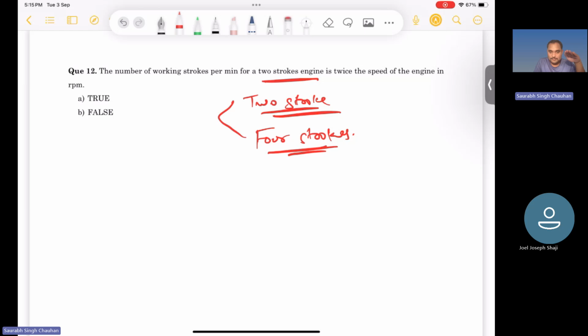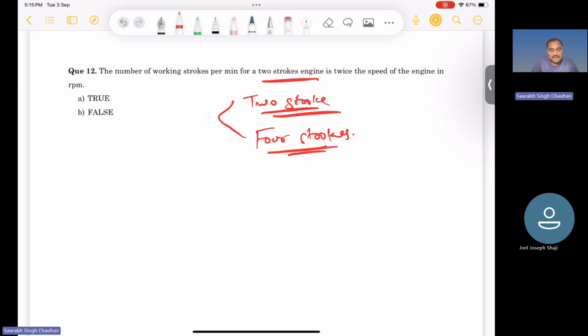For example, if the piston moves from top dead center to bottom dead center, we say it is one stroke. Or if it moves from bottom dead center to top dead center, then also it is one stroke. So the number of these reciprocations are basically strokes. The number of strokes per cycle makes it a two-stroke or four-stroke engine. That is what we mean by two-stroke engine or four-stroke engine.